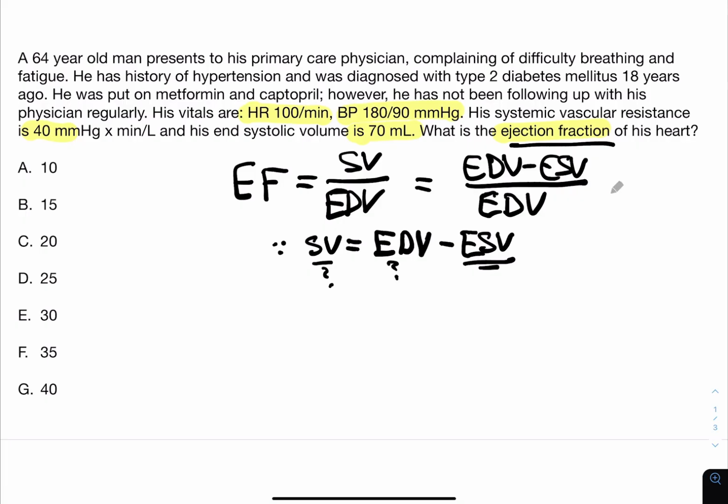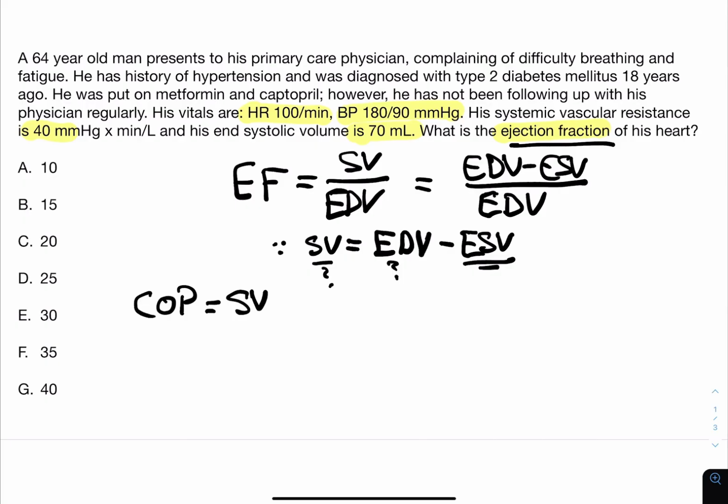So what other formulas could we think of that bring the variables that are given in the stem together into one formula? Okay, so we have the heart rate, blood pressure, SVR. Okay, there's one formula, the cardiac output equals stroke volume.